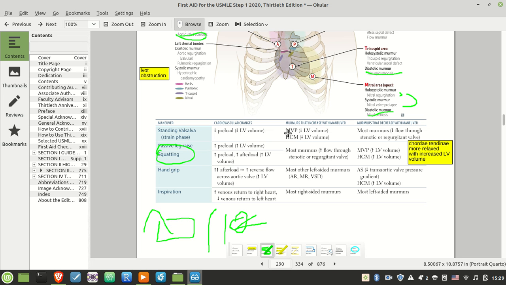Okay, so mitral valve prolapse is going to increase with this maneuver. Why is that? Well, the reason why is actually more intuitive if you talk about maneuvers that decrease first. So let's talk about this one first, and that'll answer this one. All right, so things like passive leg raises, when you're just flooding the heart full of blood. Here.